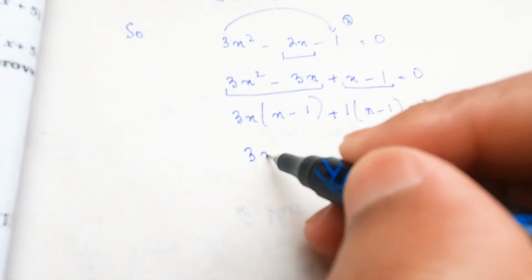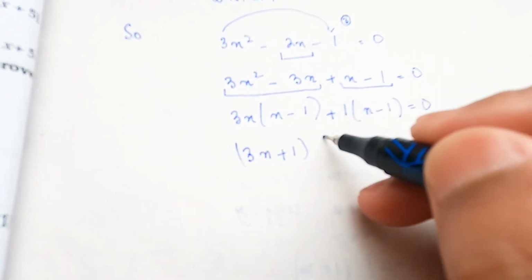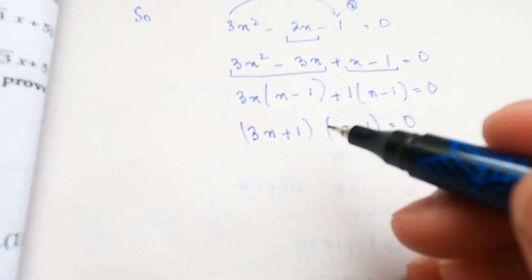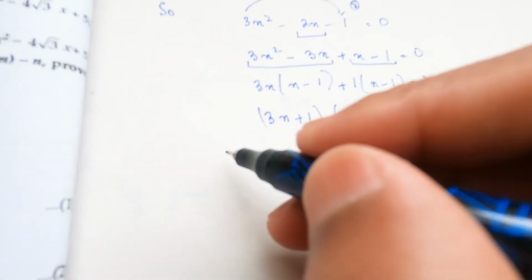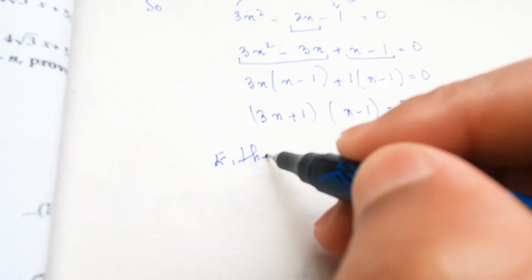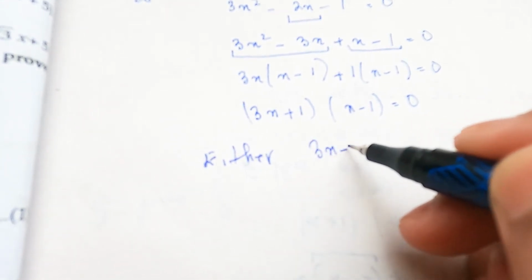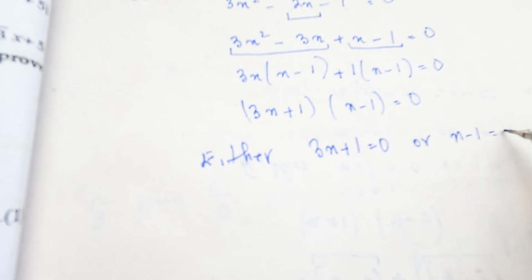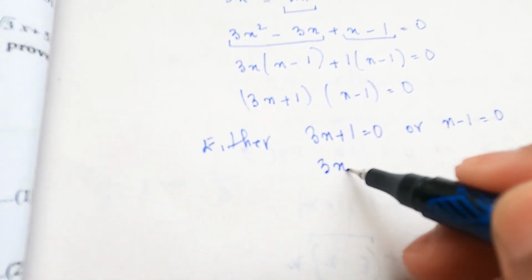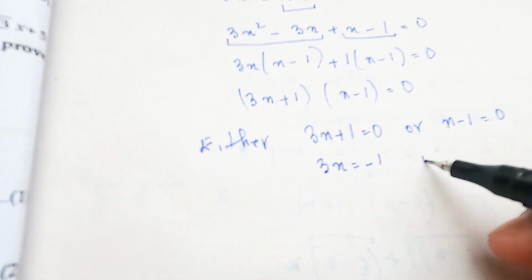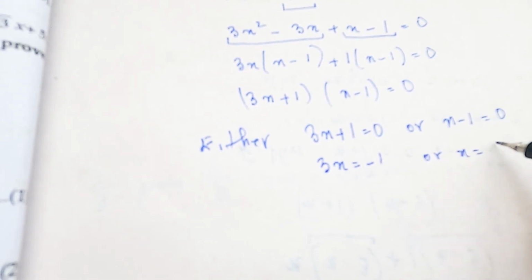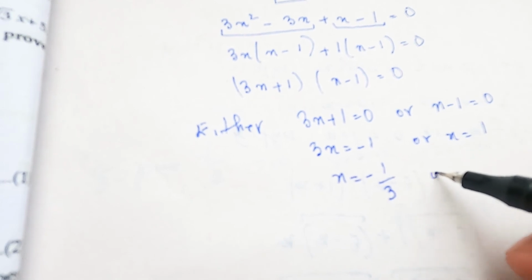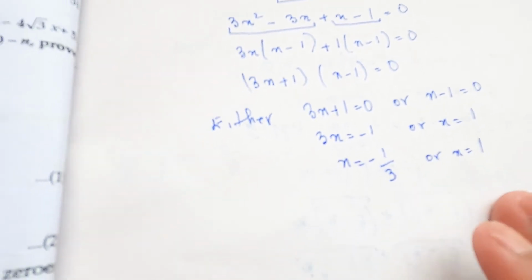So it will be 3x plus 1, x minus 1 is equal to 0. Let us find the value of x. Either 3x plus 1 is equal to 0, or x minus 1 is equal to 0. So 3x is equal to minus 1, or x is equal to 1. So x is equal to minus 1 by 3, or x is equal to 1.